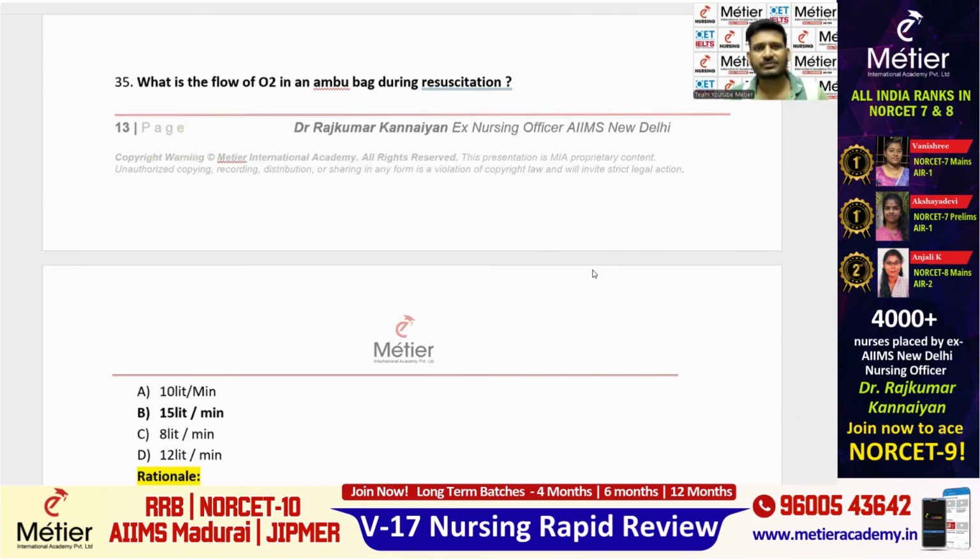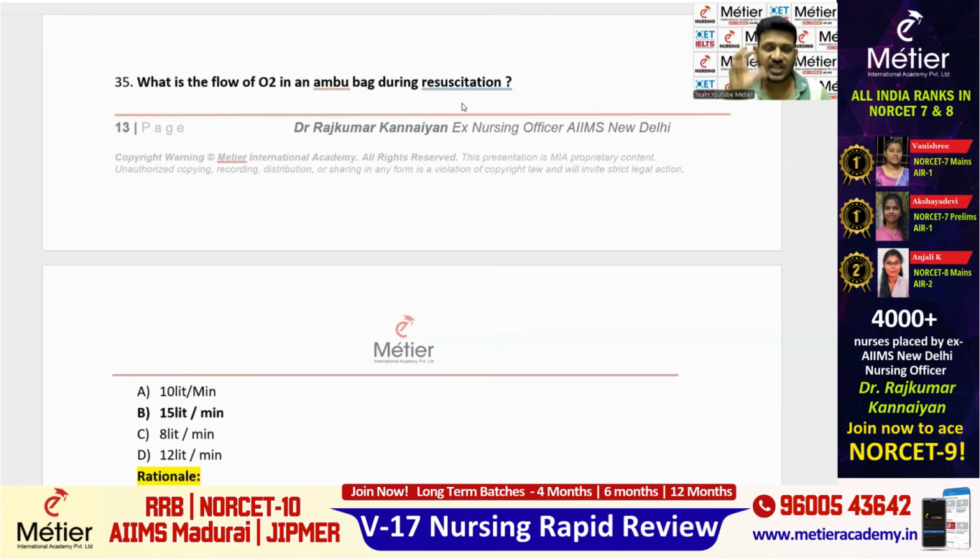Okay. Next one. Again, a direct question. What is the flow of oxygen in an ambu bag during resuscitation? You know the ambu bag, right? So while giving CPR, we can use the ambu bag. While you are compressing, how many liters per minute will it deliver to the patient?